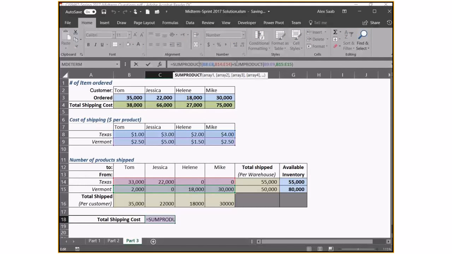I have the sum product of these 2 plus the sum product of these 2. The sum product of these is basically this times this, plus this times this, plus this times this, plus this times this. This is how the sum product works.